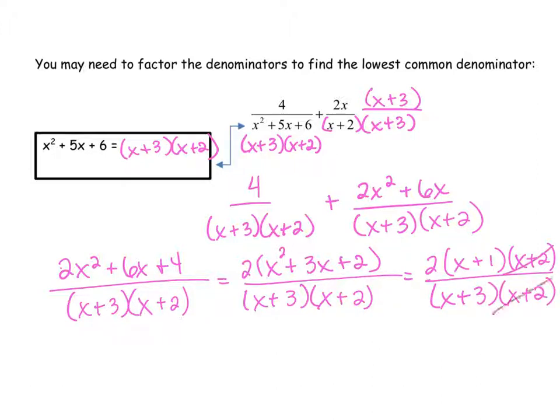I do have a factor that divides out on that one. x plus 2 over x plus 2 can go away. So I'm going to factor and cancel at the end on these. So my final answer is going to be 2 times x plus 1 over x plus 3.